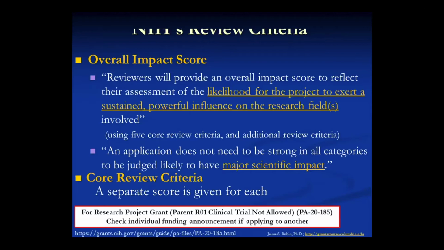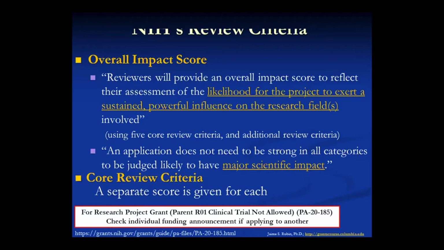So I'm going to talk specifically about the review criteria, and I'm going to use, as you can see at the bottom, the review criteria that's described in detail in that parent announcement I highlighted before, the parent announcement for the non-clinical trial R01.